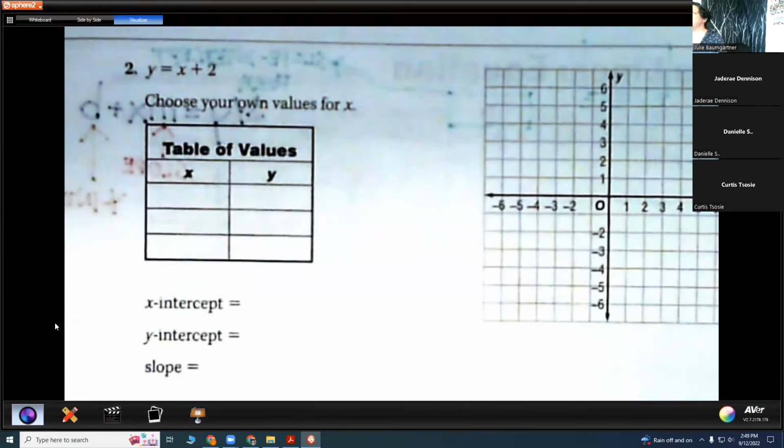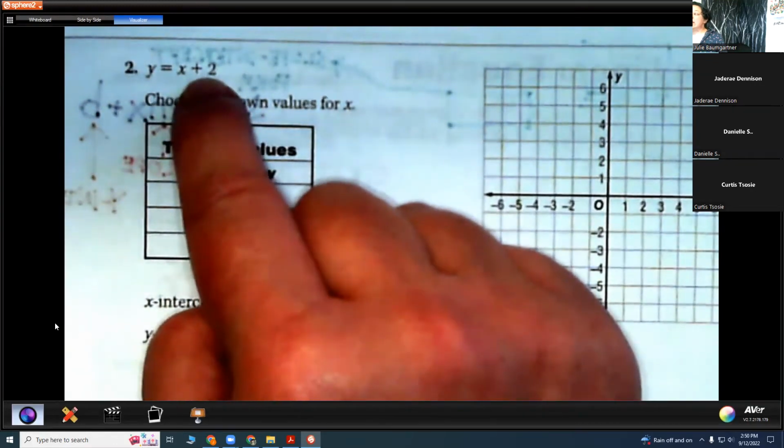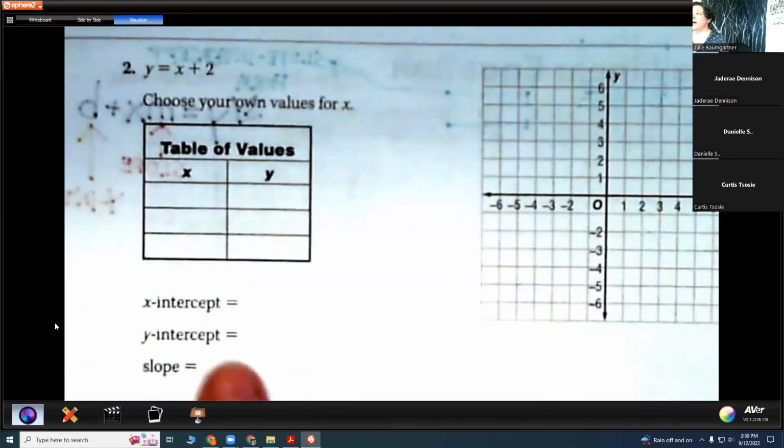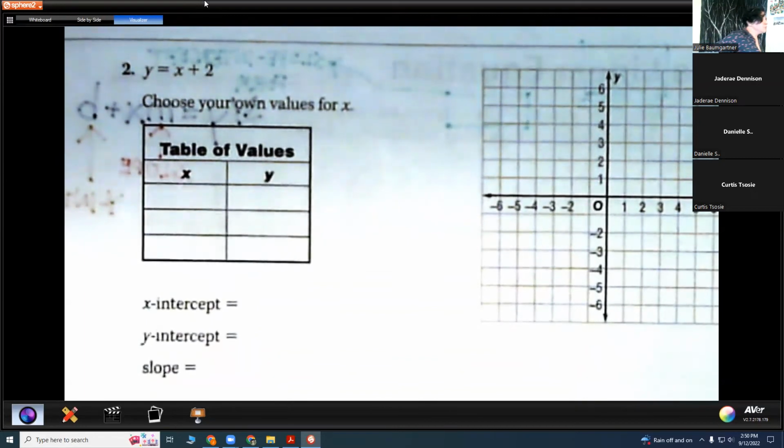What's the slope of this line? 1, right? Because once again, x is by itself. And then we know that b is +2, so that means the y-intercept is 0, 2. Okay, so just from the equation gives us a lot of information about what the line looks like.